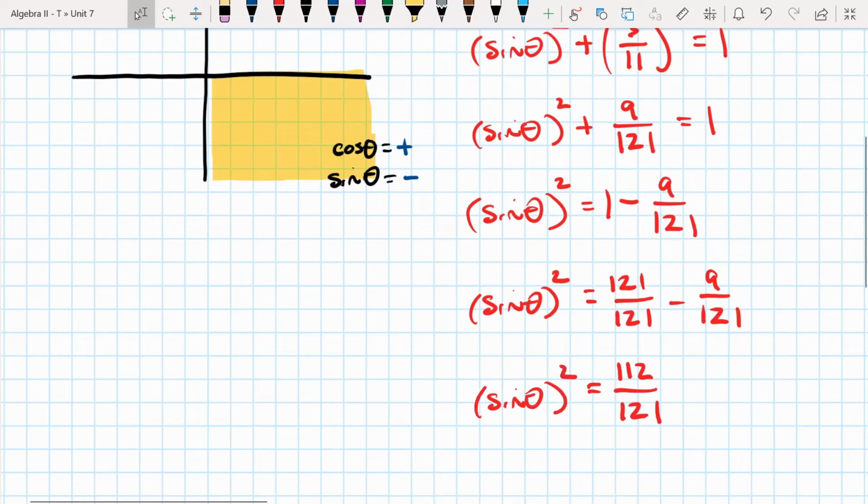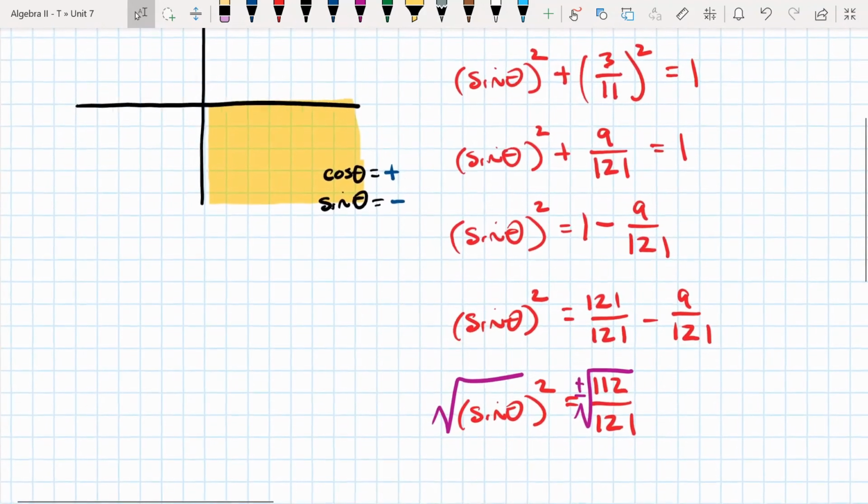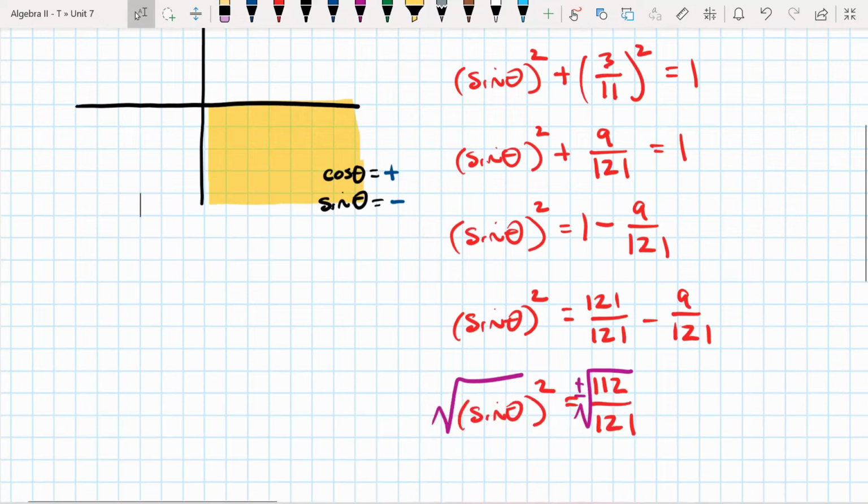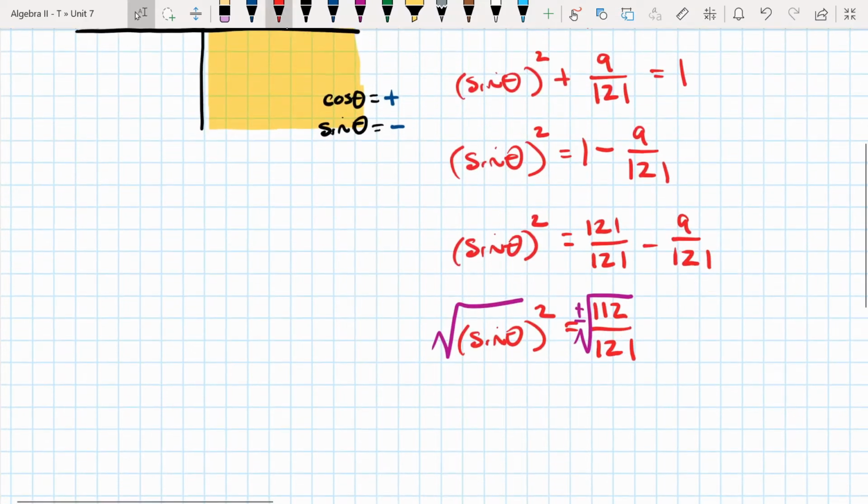The last thing we're going to do is undo this square by taking the square root again. Let's recall whether we're going to use positive or negative, because we're in the fourth quadrant. Sine over here is negative, so it's going to be a negative value for our final answer.